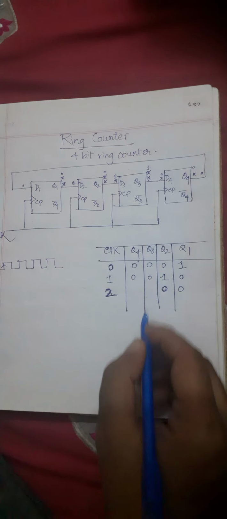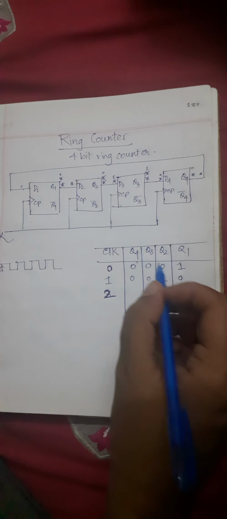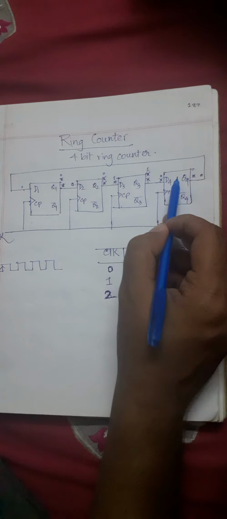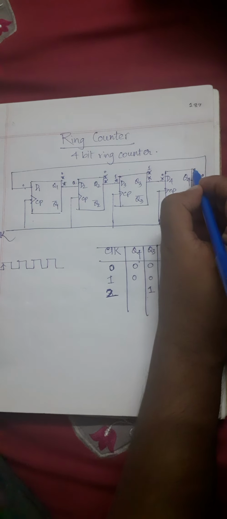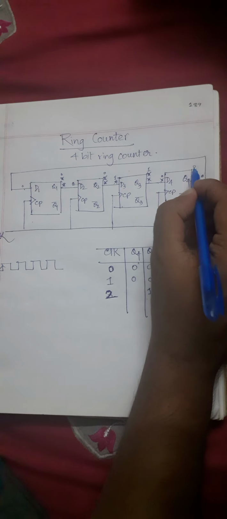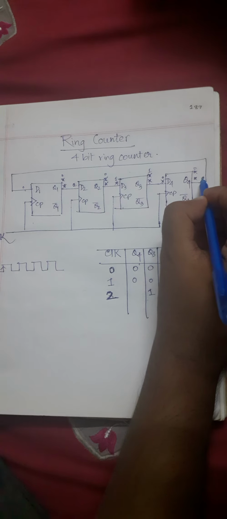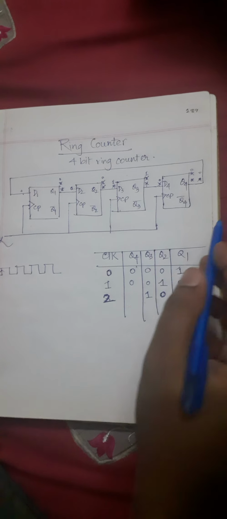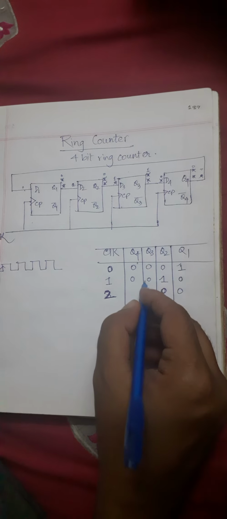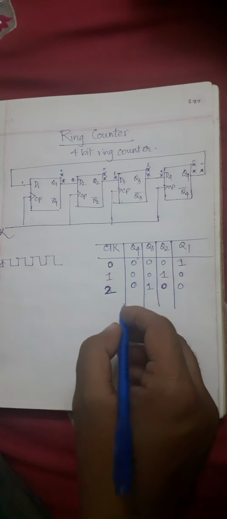So let's write q3 as 1. Due to this 0, we will have 0 here, and this 0 will travel in this place. So we have q4 value as 0.